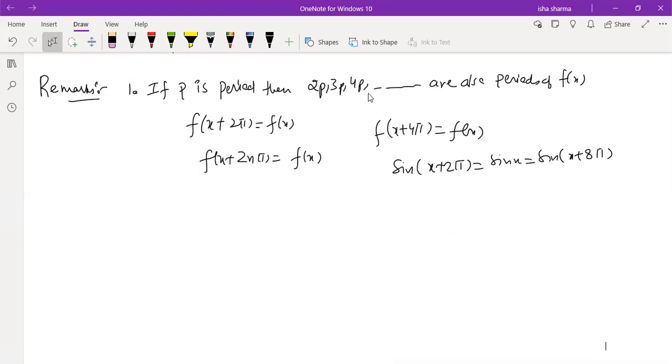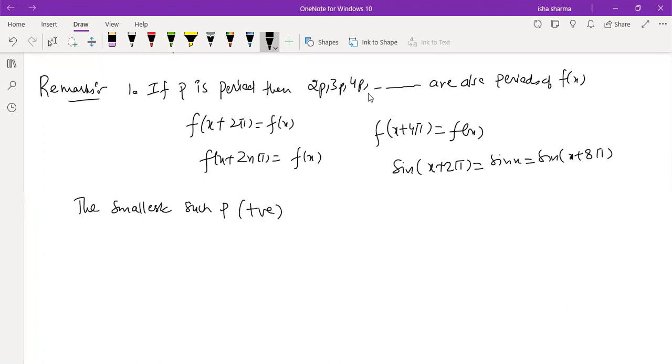So what you are giving as an answer is a unique answer, because that is known as the fundamental period or primitive period. Because as per the definition of period, 4 pi, 8 pi are also periods, because the function's behavior repeats even after that length interval. But 2 pi is the smallest such positive p, right?